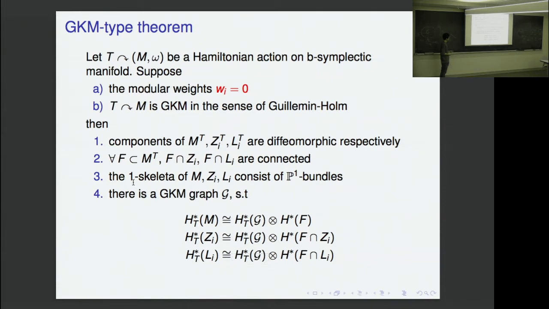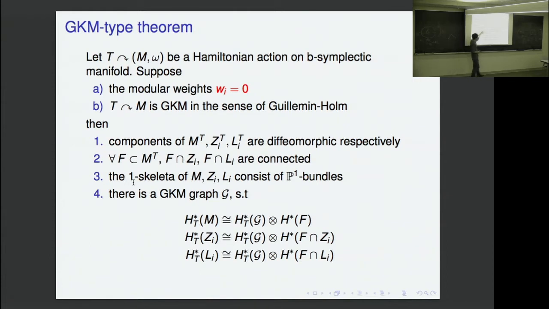What we will consider is to calculate the equivariant cohomology of the manifold M, the singular locus Z, and also a symplectic fiber. It turns out that if we look at the fixed point sets of M, Z, and L with respect to the torus action, then those components will be diffeomorphic to each other respectively. So all the connected components here are diffeomorphic, all the components here are diffeomorphic, and there also.